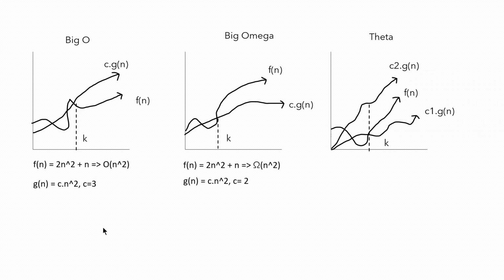As mentioned in big O, it has to be the opposite for big omega. So instead of choosing this constant so that it is greater than F(n), it has to be less than F(n). In this case, I've chosen 2. So 2 times n² will always be less than 2n² + n. And this makes sure that our algorithm's time complexity is always consistent with its notation.